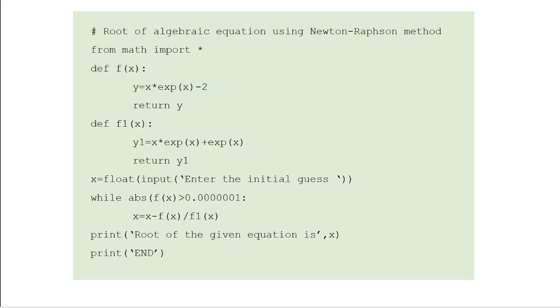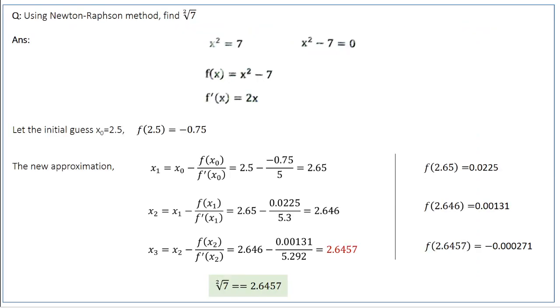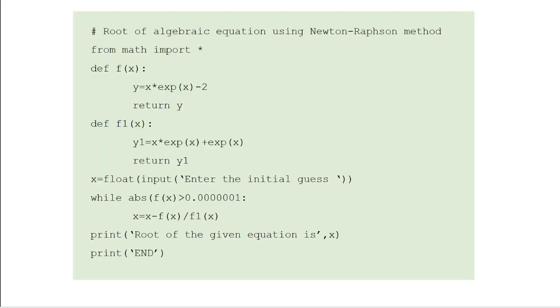And if my solution is very good, then it will be very close to 0. Like you have seen in this problem, as you increase the number of iterations, your value gets more and more close to 0, right? So this is what I am going to use to set the number of iterations.